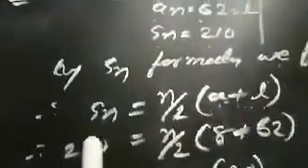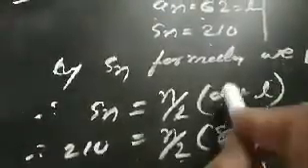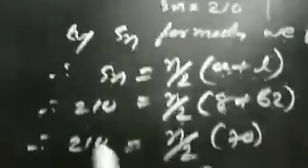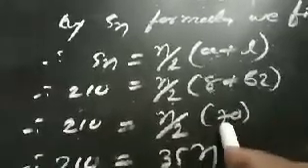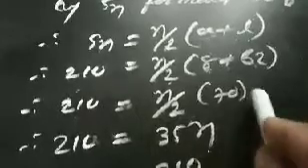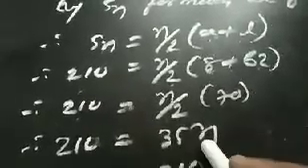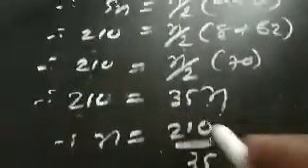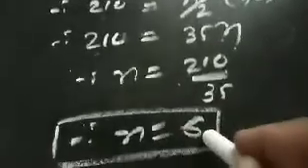Now Sn 210 is equal to n upon 2 multiplied by 8 plus 62, which is 70. 2 into 35 is 70, so 35n remains. So 210 is equal to 35n, so n is equal to 210 upon 35. So we get n is equal to 6.